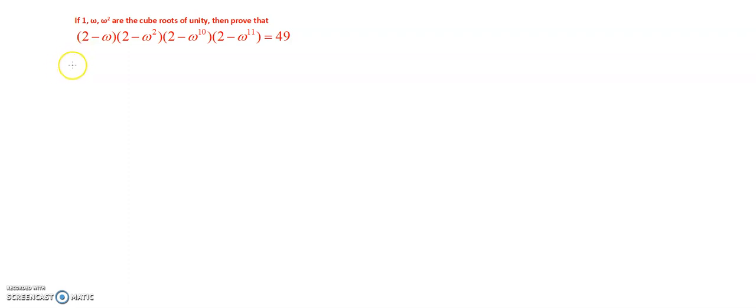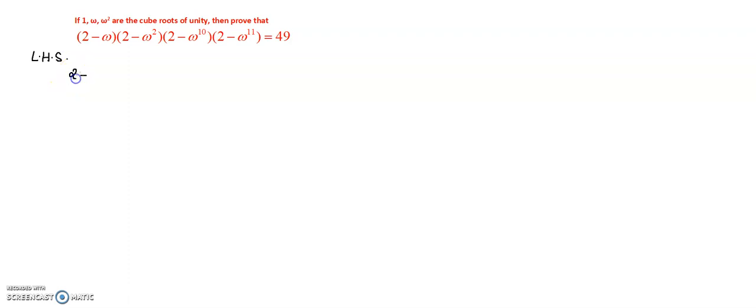If 1, omega, omega square are the cube roots of unity, then prove that (2 minus omega)(2 minus omega square)(2 minus omega power 10)(2 minus omega power 11) is equal to 49. So let us consider the left hand side here.